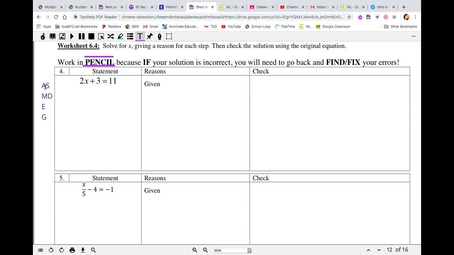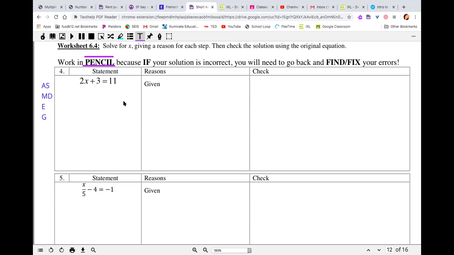What does that stand for? Addition and subtraction. Okay, so do I have addition and subtraction in this problem? Yes, addition. Okay, so what am I going to do if it says add? What's the opposite of adding? What is the inverse? Subtraction.